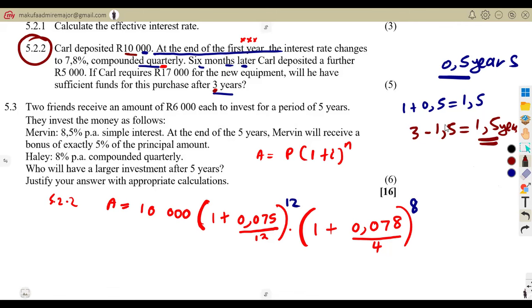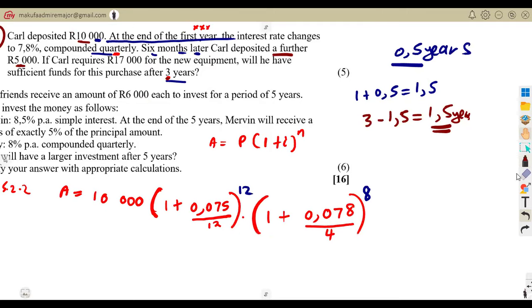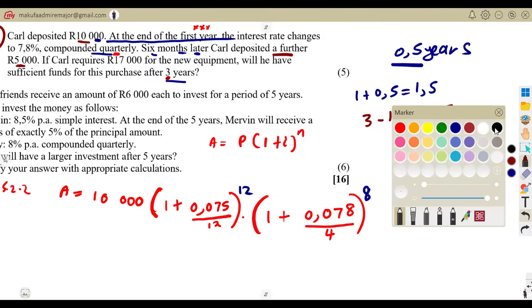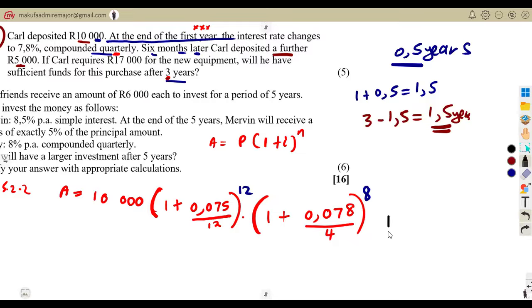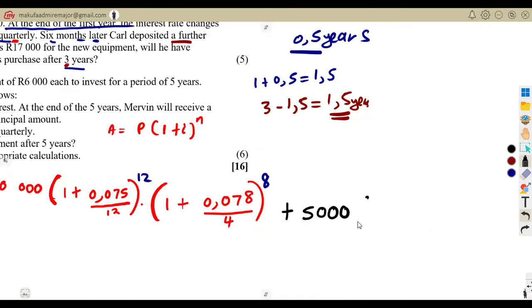So in those years that are remaining, 1.5, a deposit must be added. It's no longer part of what was happening here. It's another investment, so it's plus 5,000. The only thing that we are not told there is about the interest. It never changed after that later arrangement. So the interest will still remain at 7.8%. So that is going to be 5,000 into 1 plus interest 0.078 over what?